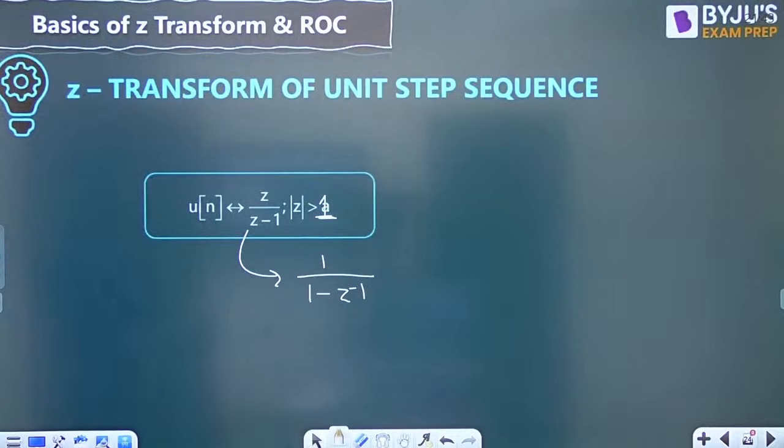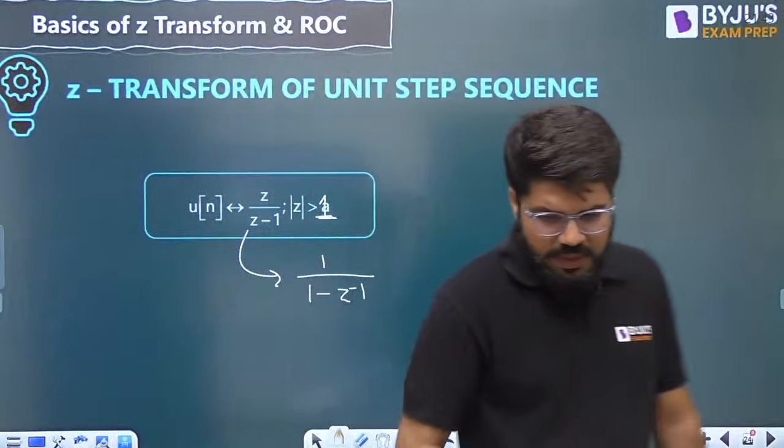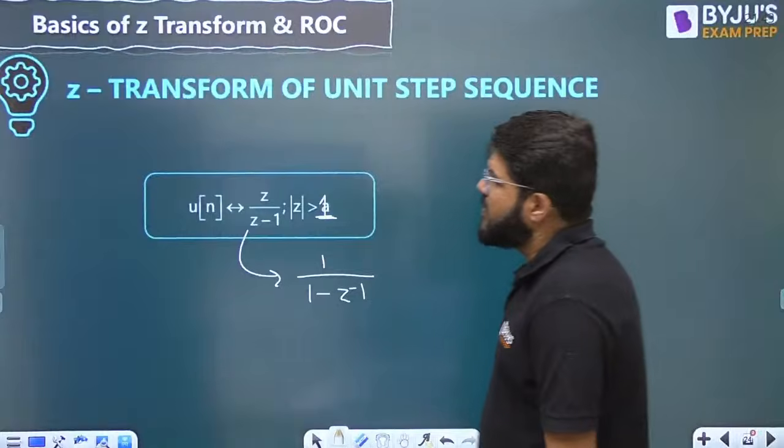So this is the Z transform of the unit step signal, the unit step sequence.